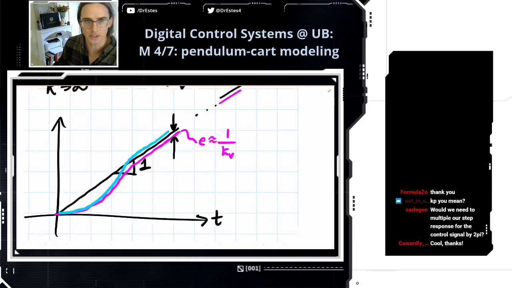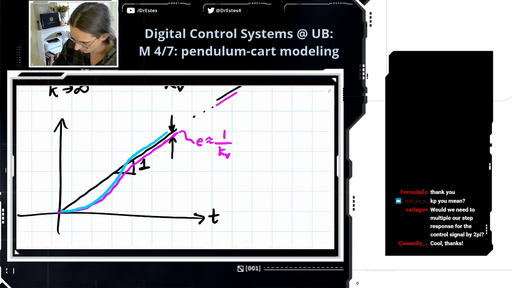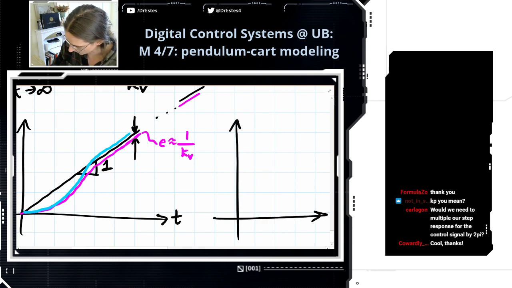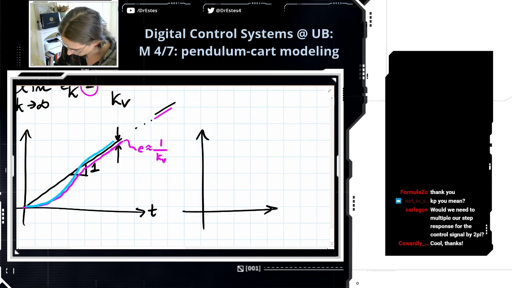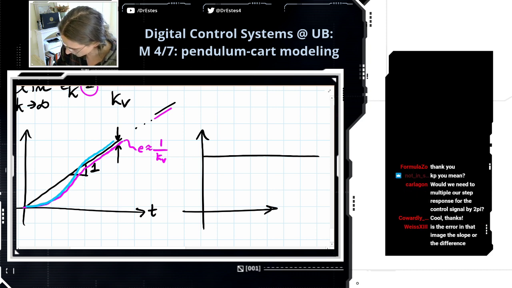If you're doing Kp, you can do the same thing with the graph. We're having a step reference. Actually, the reference looks like this, but we're doing an amplitude of 2 pi, so it's not a unit step.